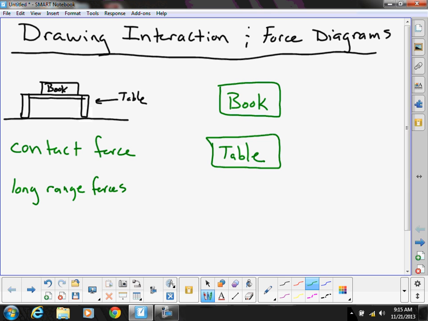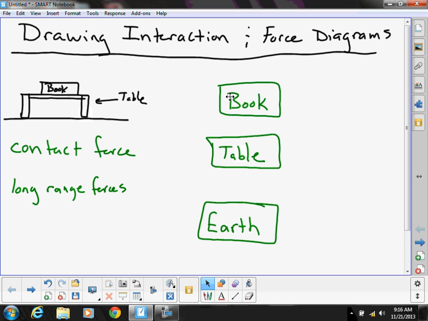So for instance, the force of gravity acts on us whether we're standing on the surface of the earth or not. If you've ever fallen off of something, you know that the force of gravity is acting on you as you fall. So another object that is involved in our system here is going to be the earth. So we've got the book, we've got the table, and we've got the earth.